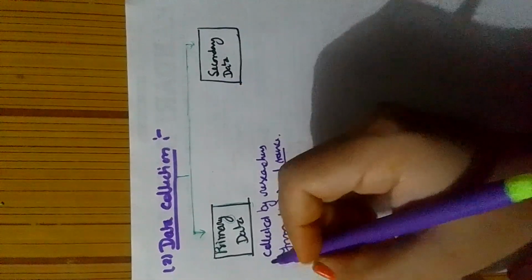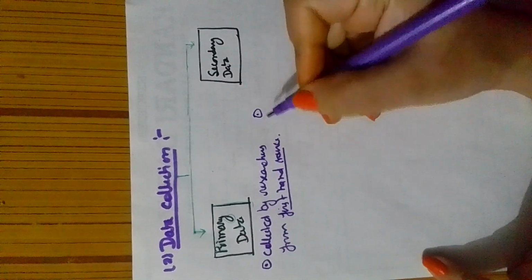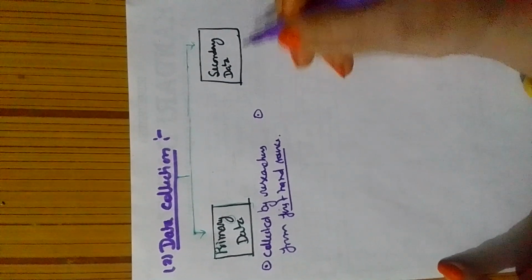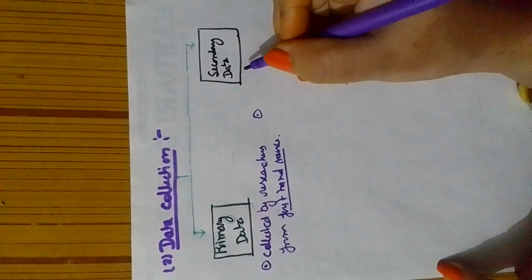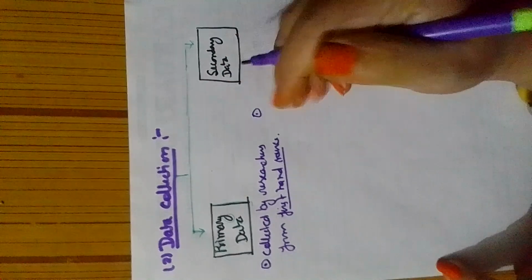Now, the next thing data scientists would do is collect other data that is not a first hand source, that is already available in the market and used by other data scientists also. That is called secondary data.